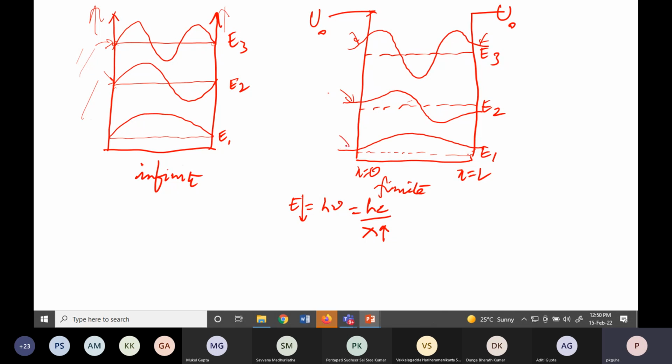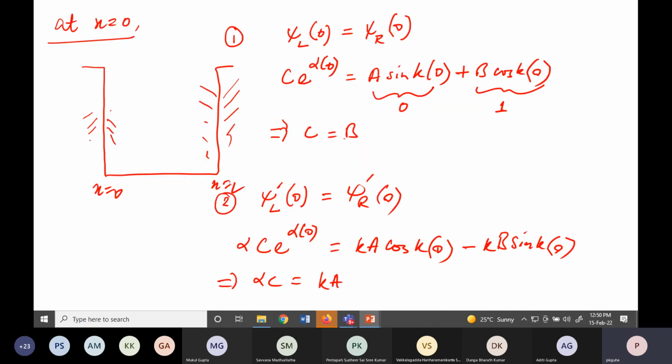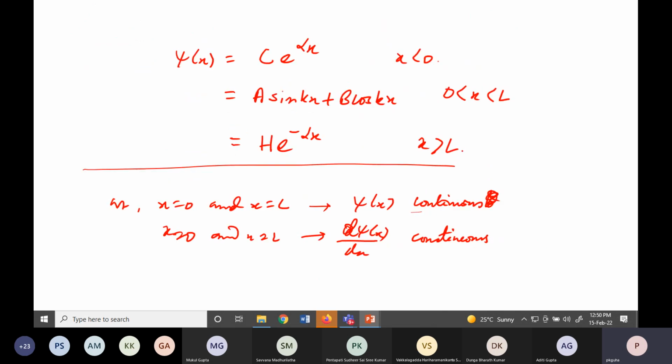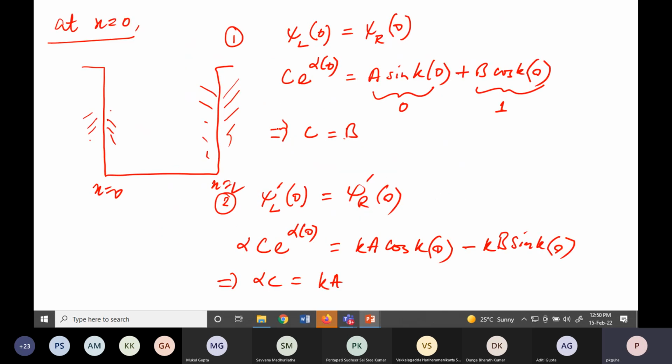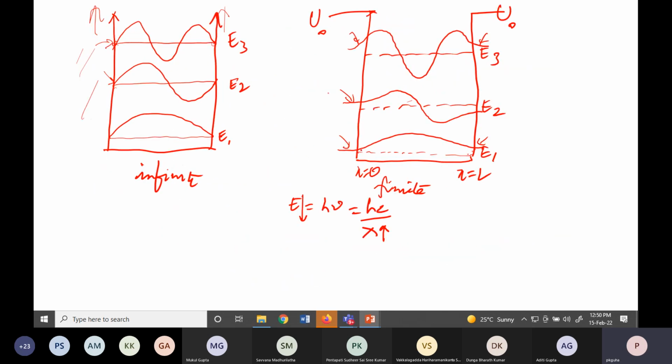You remember, that is why we basically remove those terms, right? We didn't consider D, we didn't consider G here, because what we are assuming is that the wave function will exponentially decay away from the well, right?